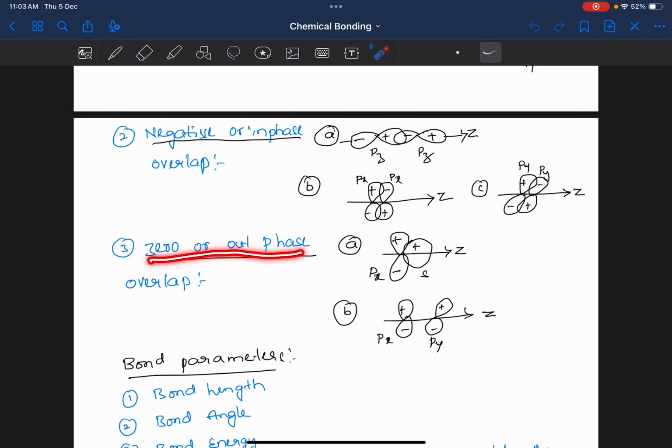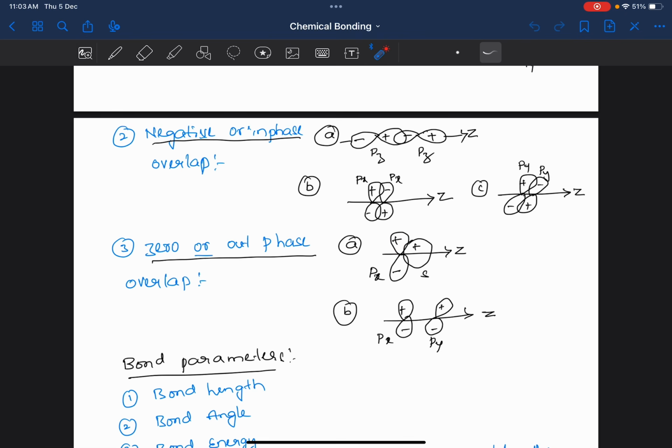And next is zero or out of phase overlap. In this first overlap, we have s and p orbitals. The s orbital is always spherical in shape, so there is no directional issue. Now concentrate on the p orbital. Here this p orbital is in a vertical position, so it is not arranged in a straight position.